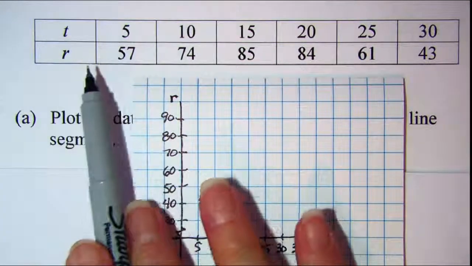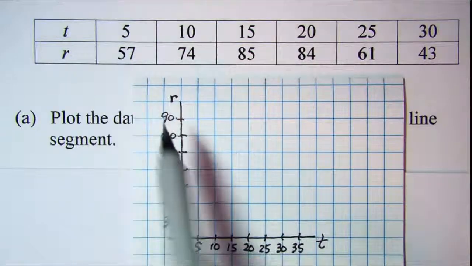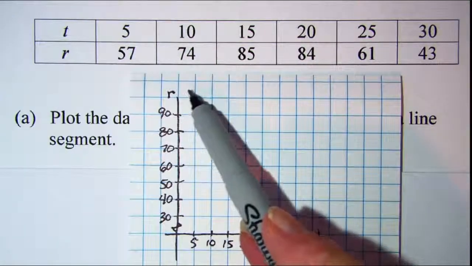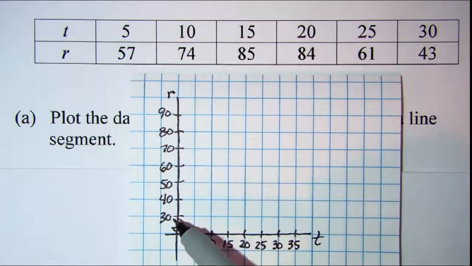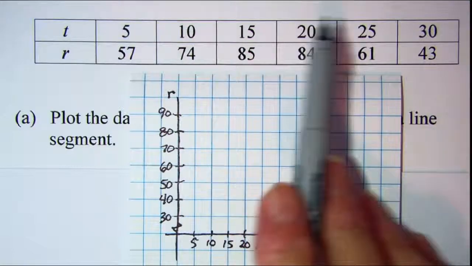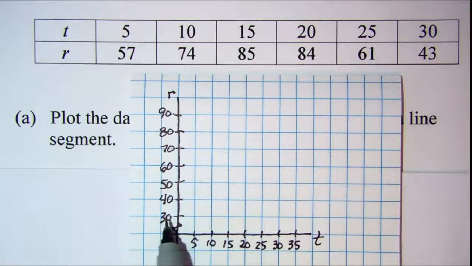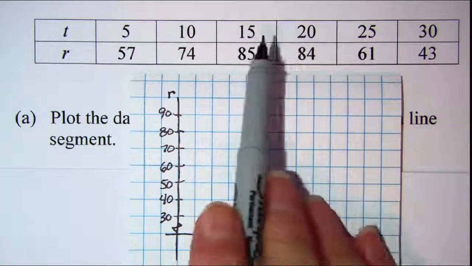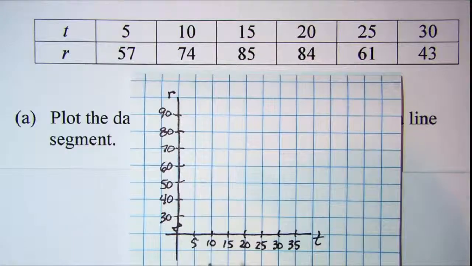And then the other variable will be the vertical axis, in this case r. So I labeled my vertical axis r and then marked off intervals in increments of 10, my smallest 43, so I went down to 30, and my largest is 85, so I went up to 90.